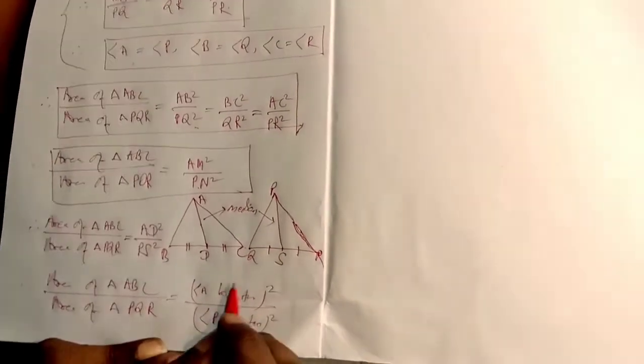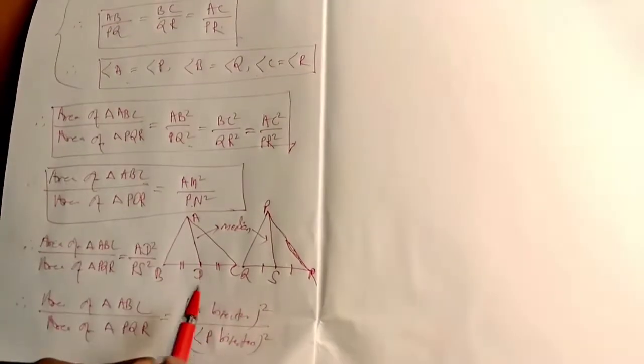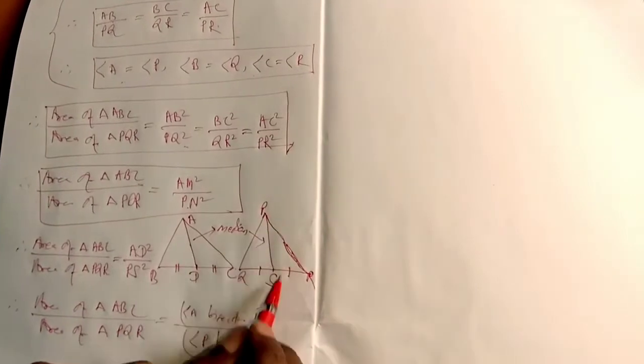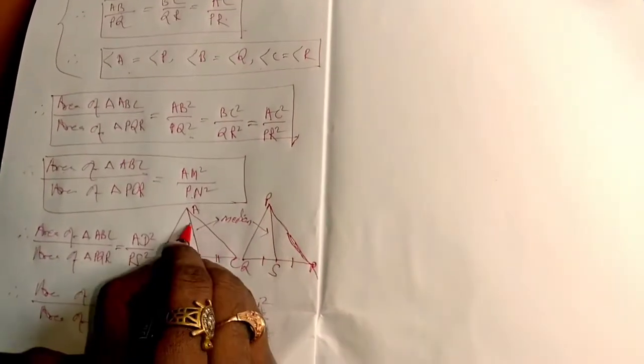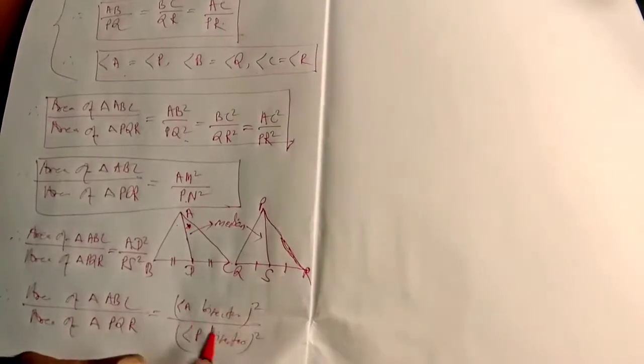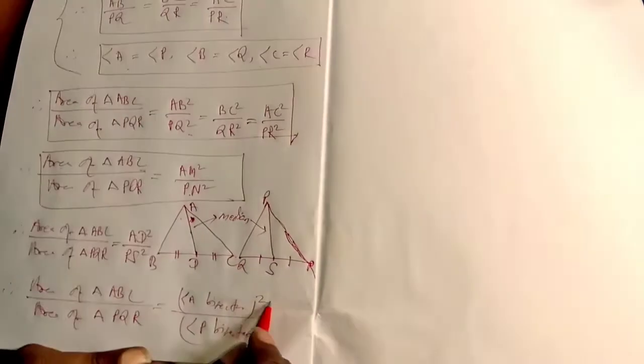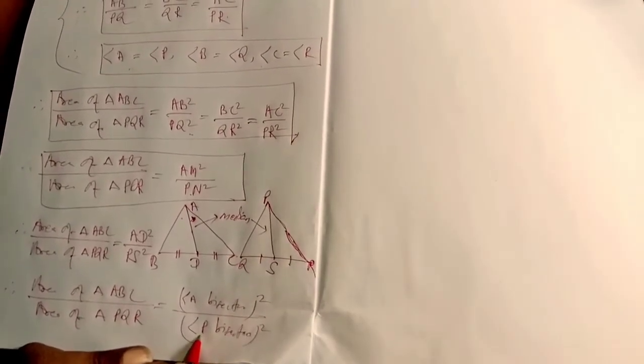That means suppose AD and PS are the angle bisectors. Angle bisector means this angle will be equal to this angle. You have to do another figure; I am writing just here. Bisector of angle A whole square, bisector of angle P whole square.